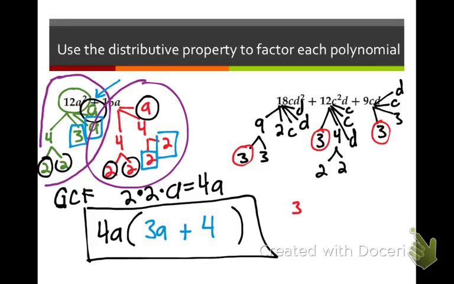And let me look very carefully. I see a C. They all have a C in common. Okay, so I'll put a C there. And they also have a D in common. Alright? So I'll put a D there.